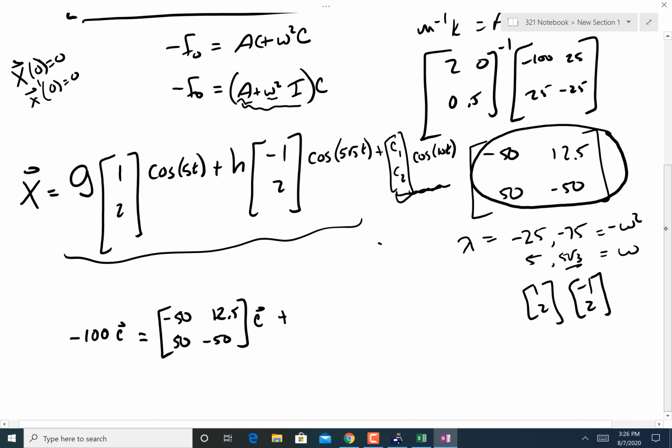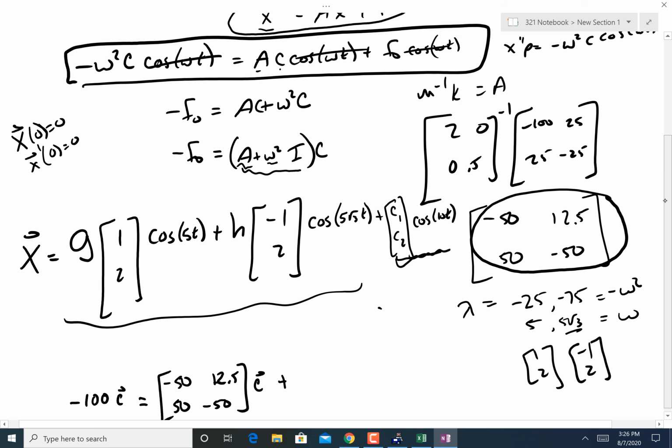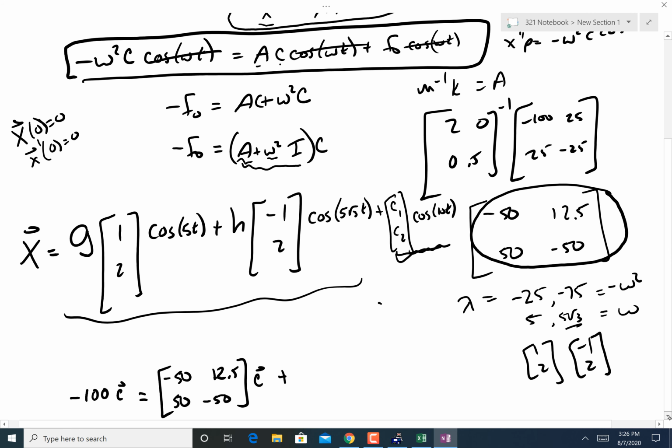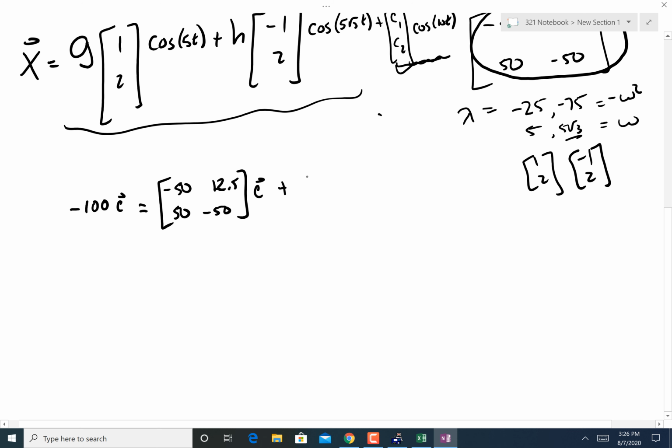We wanted plus F naught. Well, what would our F naught be here? Maybe it's easier to see this way. It's negative 100 and 0. Actually, not negative 100, 100 and 0. Why 100? Because it's on this side. We hadn't solved for it yet. So if we do this right, that should be nice.